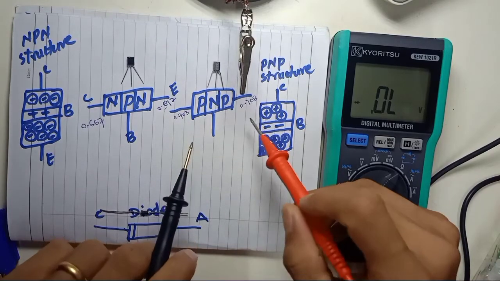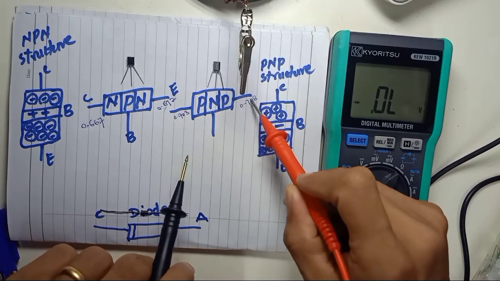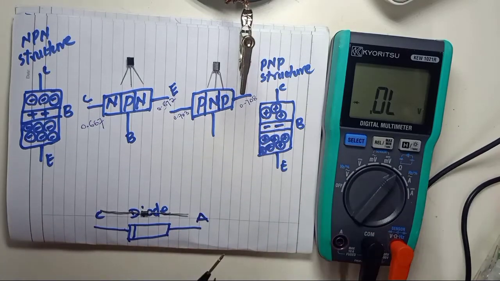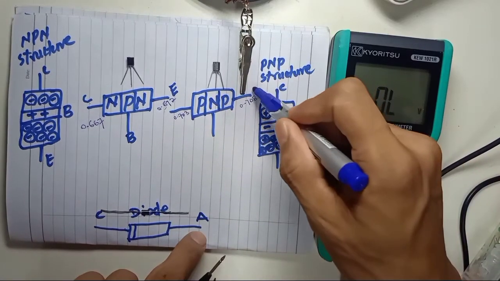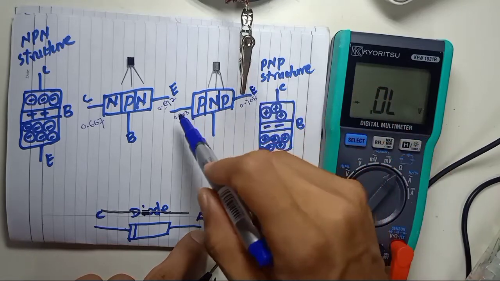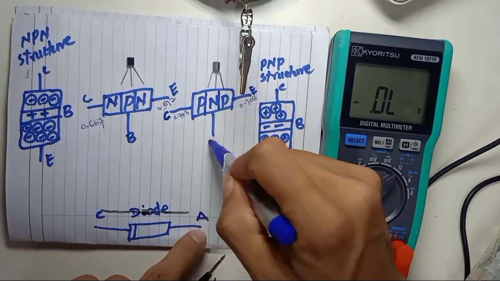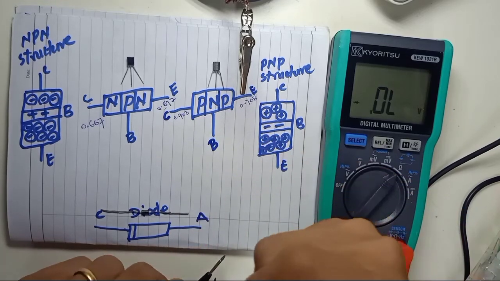So now we can see this pin is heavily doped, so this is the emitter, and the less doped one is the collector. So this is the base.